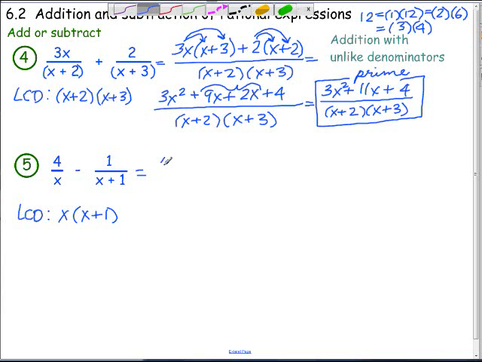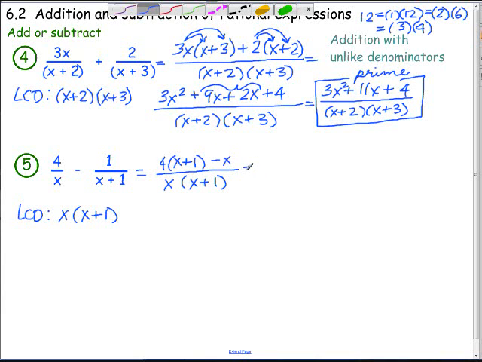So I'm going to have 4 times the missing part, which is x plus 1, minus 1 times its missing part, which is the x, all over the common denominator. Unfortunately, I can't cancel these out because you cannot cancel when you've got terms.